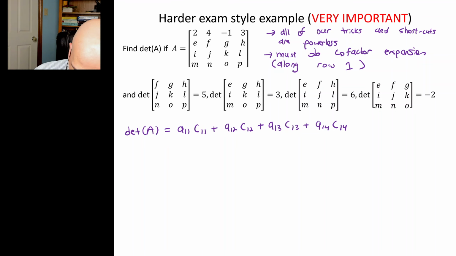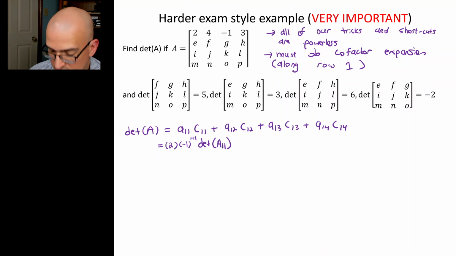Oh, I gotta write these smaller so they'll line up. So A11 is 2, and then C11 is negative 1 to the power 1 plus 1 times the determinant of the submatrix A11. That's what a cofactor is.